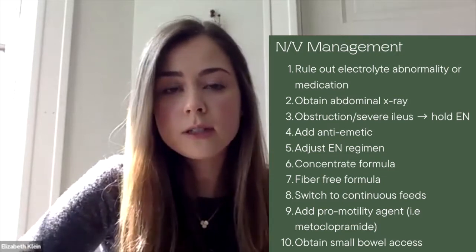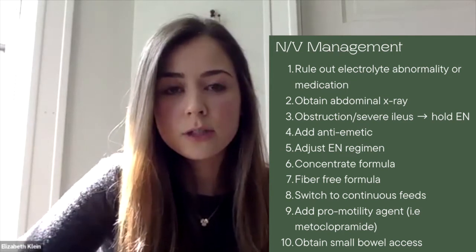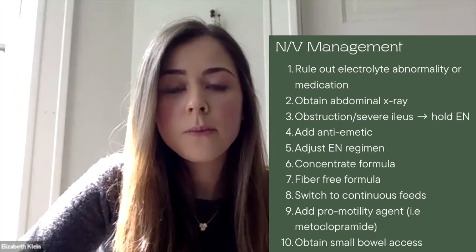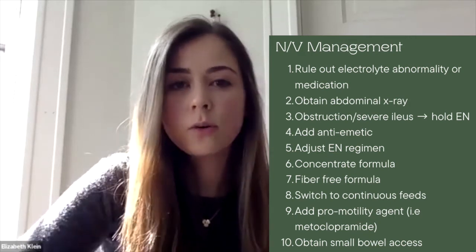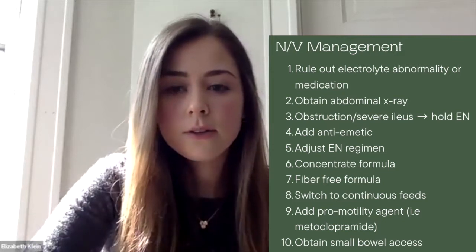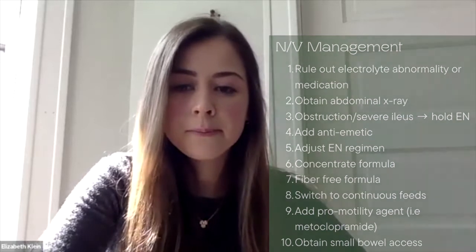So instead of feeding into the stomach, we can advance the tube into the jejunum, and then we can be past the pyloric sphincter, so a patient's not going to reflux or vomit their tube feeds as easily as they would if we were feeding into the stomach.